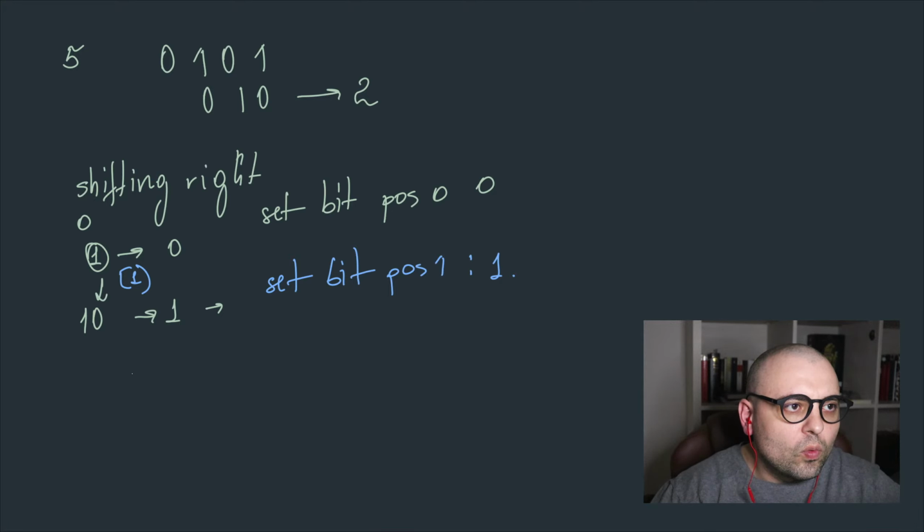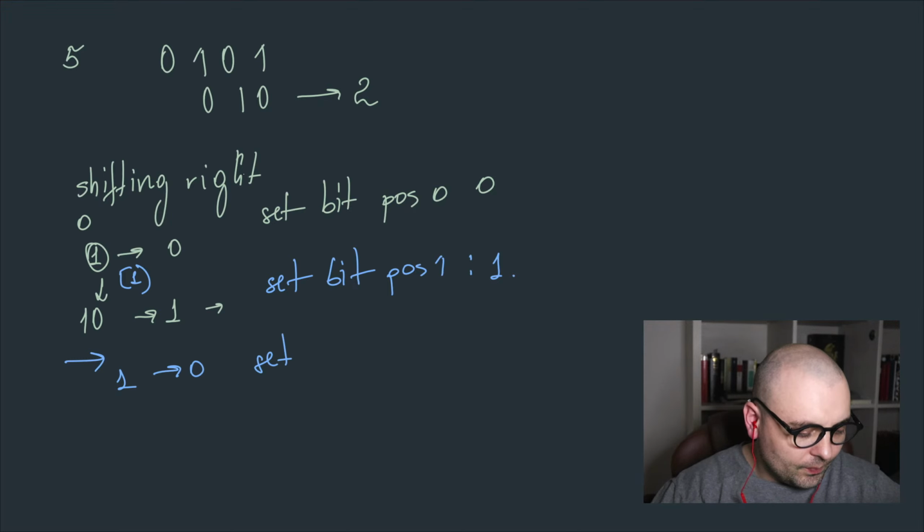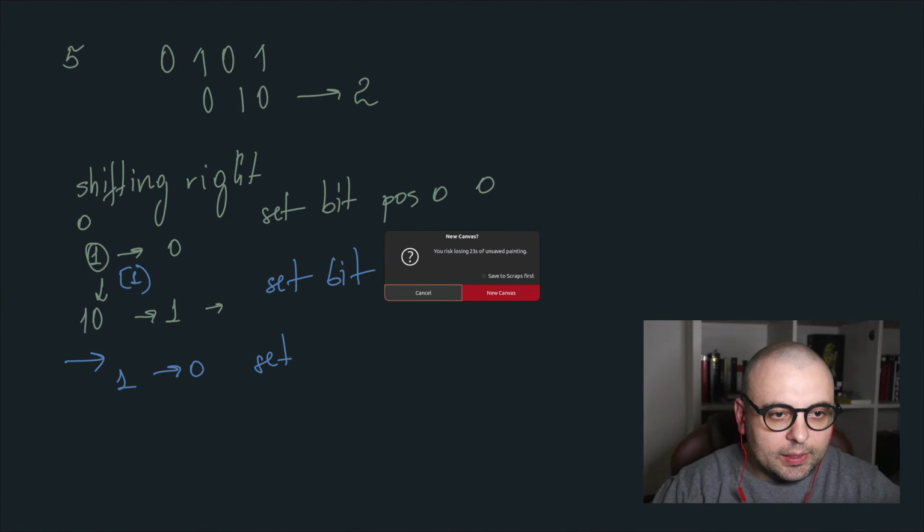We move 1. We have the last one. We shift right once more, and the last one, 1, became 0. And we don't even need to set it because it's already set, if I'm not mistaken. Yeah, okay, so first thing which we'll need to do, let me clean this up, is how to set a specific bit.